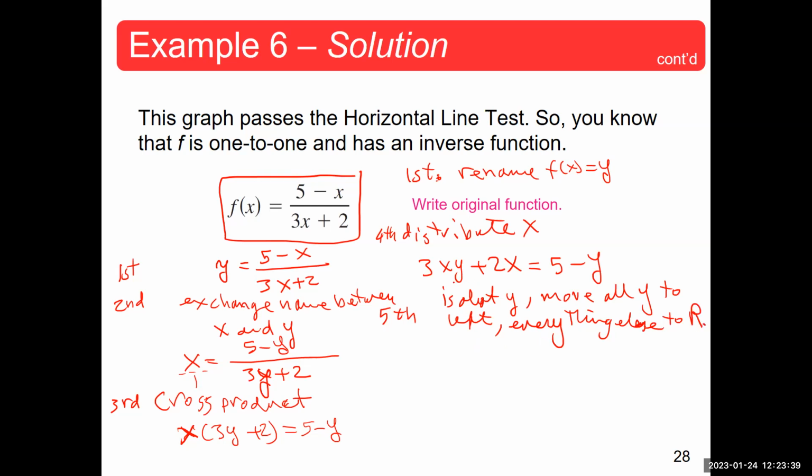So this has a y, I'll leave it, 3xy. Then I'll move the negative y to the other side, it becomes positive, plus y equals negative 2x plus 5. If I move the 2x to the other side, it becomes negative.